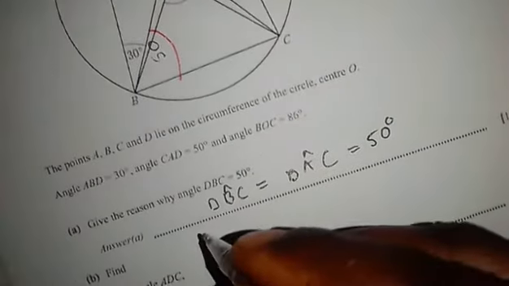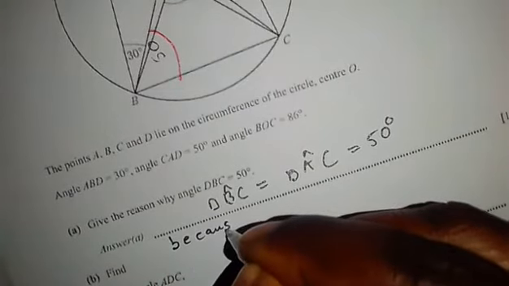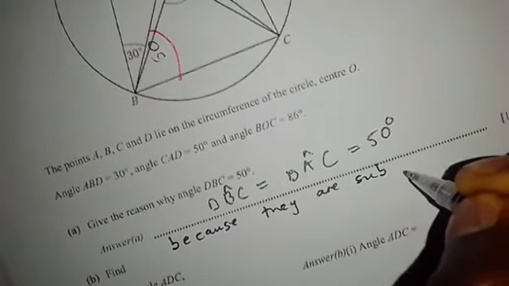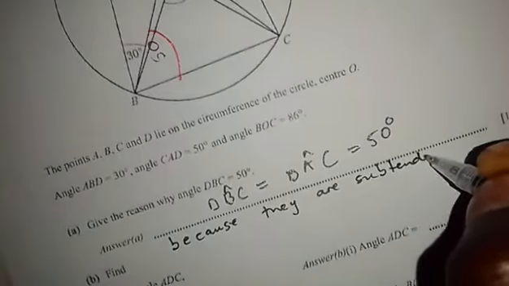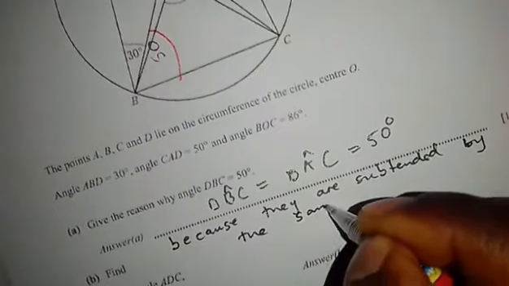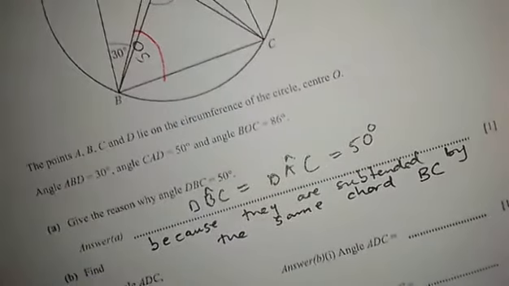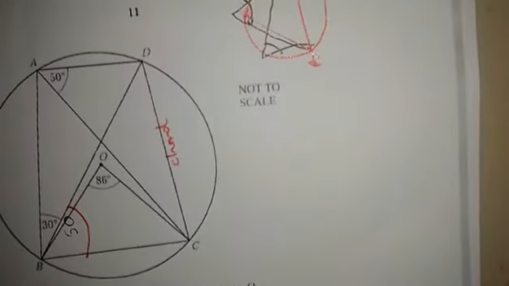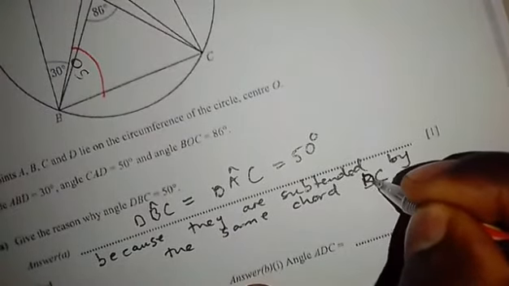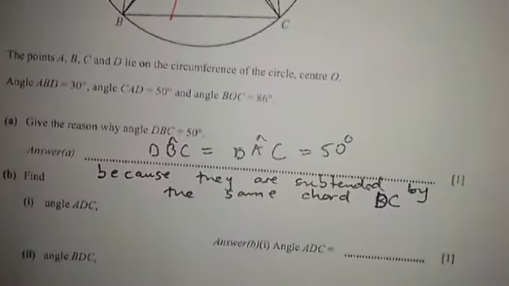Wakupa manje chi support reason yako unobva wati because they are subtended by the same chord. They are subtended by the same chord BC. Then, sorry, it's not BC. They are subtended by the same chord DC. You can notice that DC is subtending 50 and 50. Then you are home and dry.